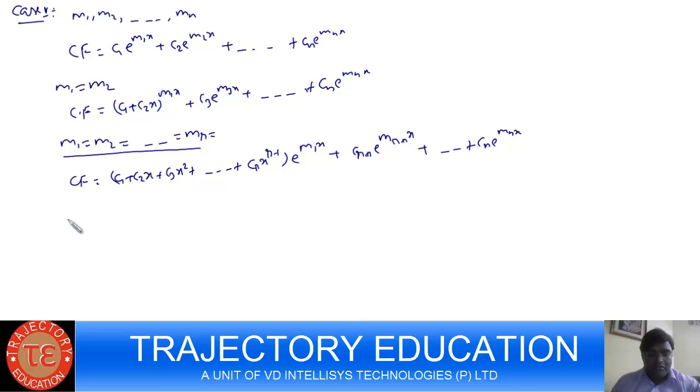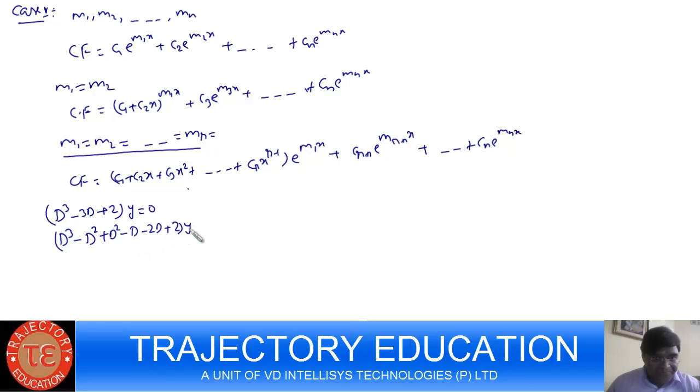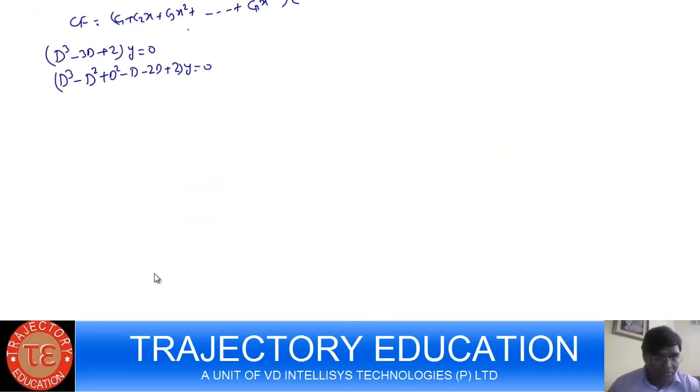Alright, like I can take the example. Suppose we are given an equation. This is the differential equation given to you. Let's factorize this. This will be D cube minus, see, D equals to 1 will be the root. So D cube minus D square plus D square minus D minus 2D plus 2, y equal to 0.